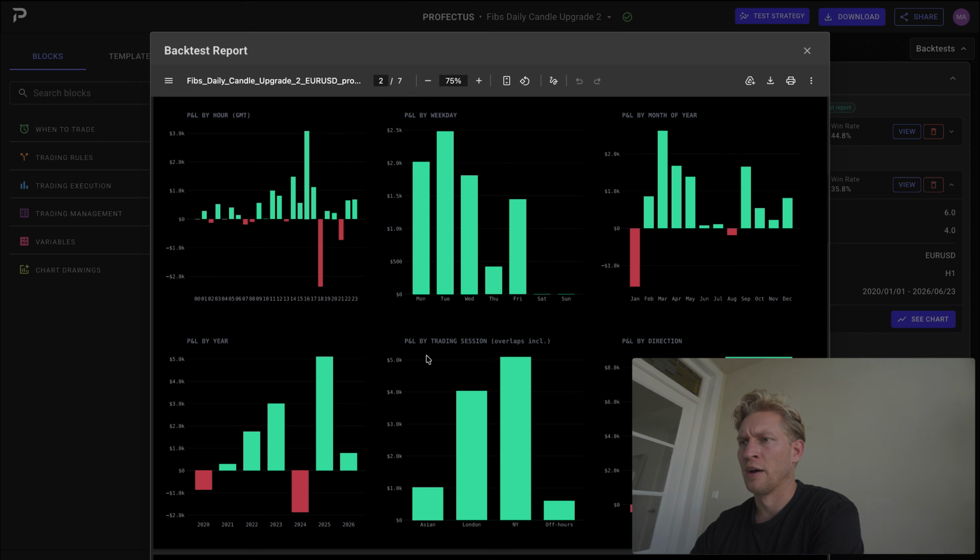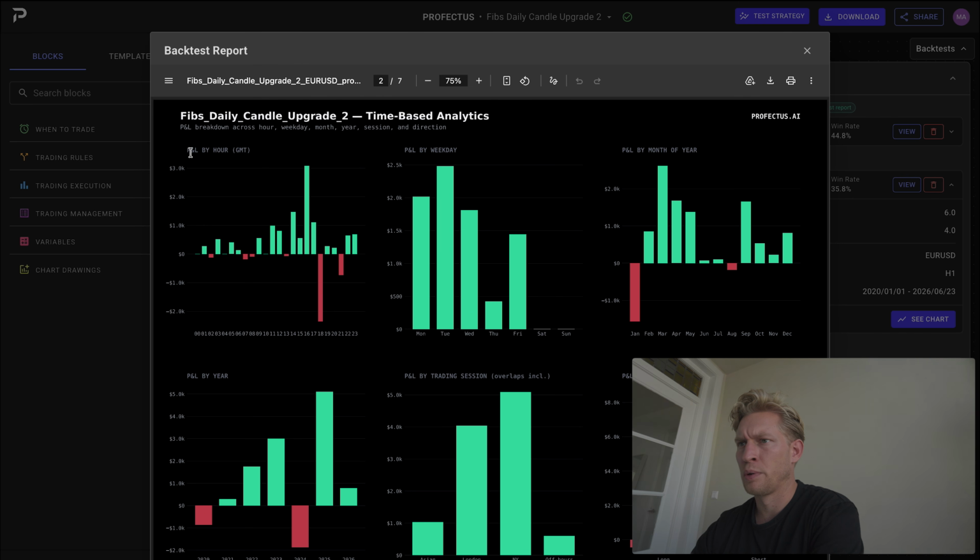You can analyze here a little bit more. You have here the PL, profit loss by hour. So this means it looks at when do you open the trade, and then if it closes, it will calculate, okay, was that a profitable time to open trades. So right here you see that trades opened at 1800 are not that profitable, you know.